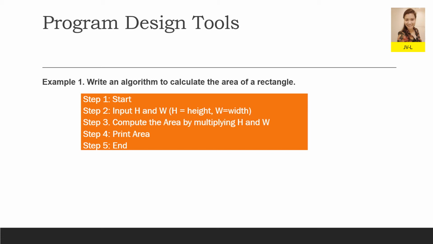Since we have another variable, which is area, if we multiply H and W, the variable area will hold the value of the result of the operation. Say for example, H is 2, W is 3. If we multiply them, the area will be 6. Then step number 5, end.